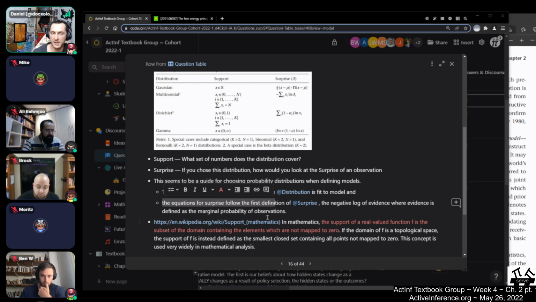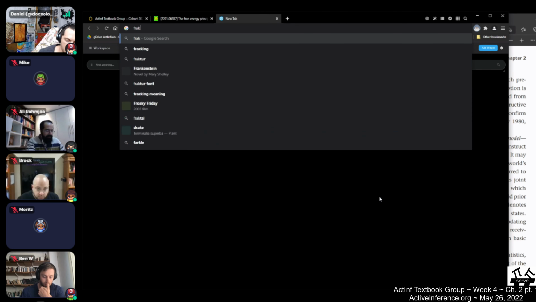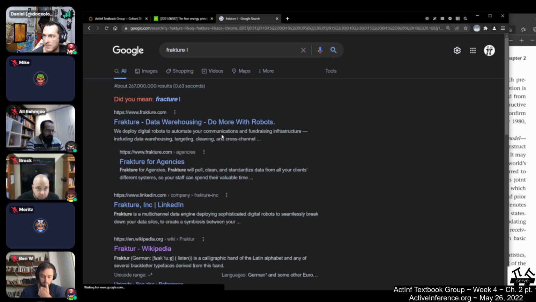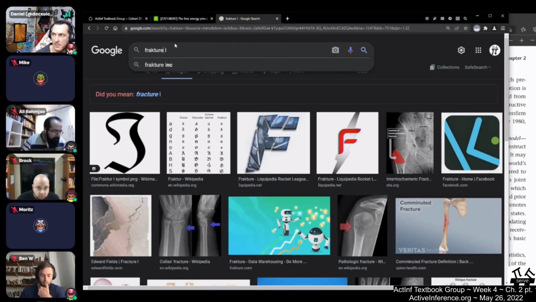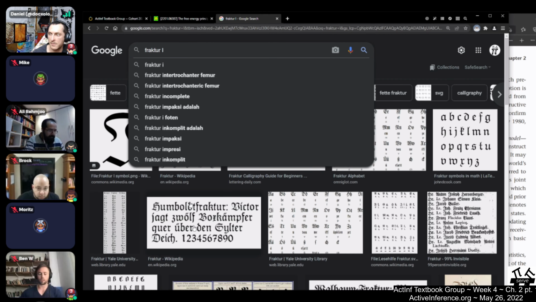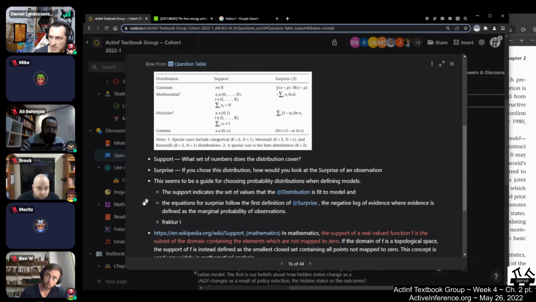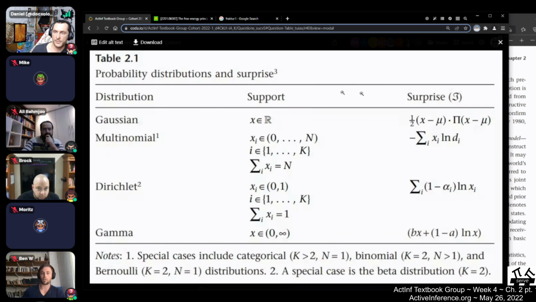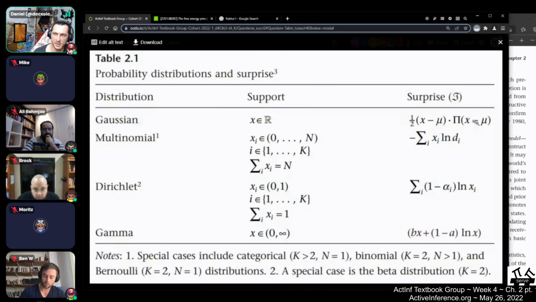I think it's called fraktur I, also known as fancy I. We're going to come to the definition of surprise in a coming question.